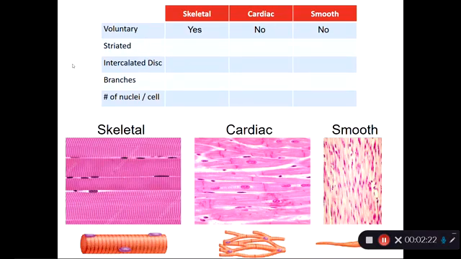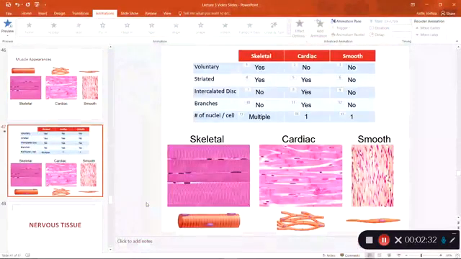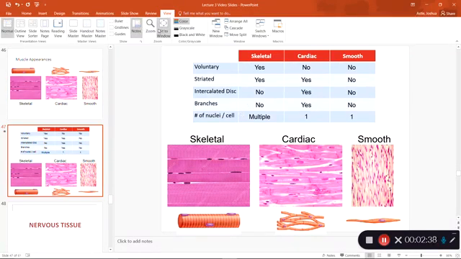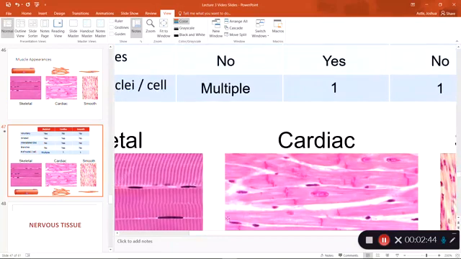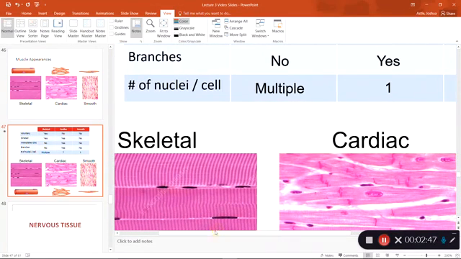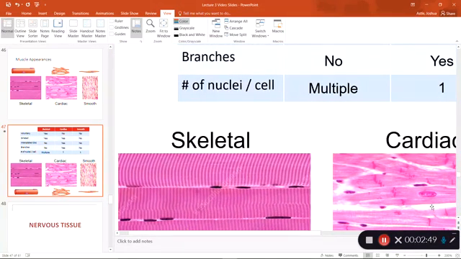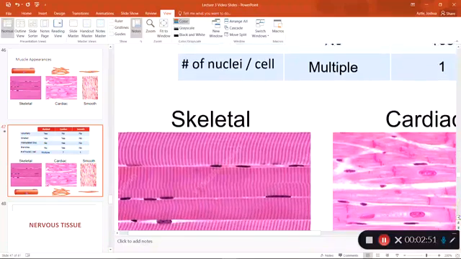Striated. Let's take a look at what striated means. Striated means they have little itty bitty bands that you can see on the muscle. I'm going to exit out of the presentation and zoom in a good 200% onto that skeletal muscle and that cardiac muscle.